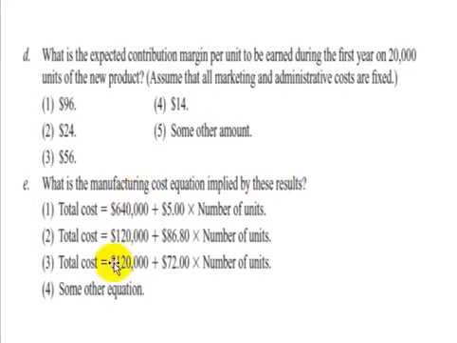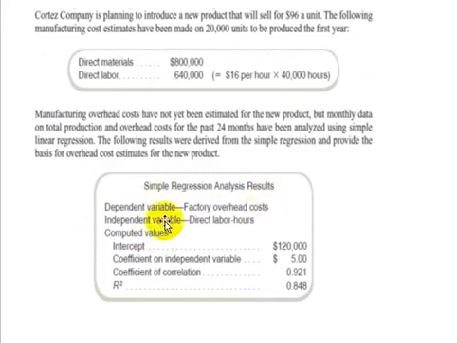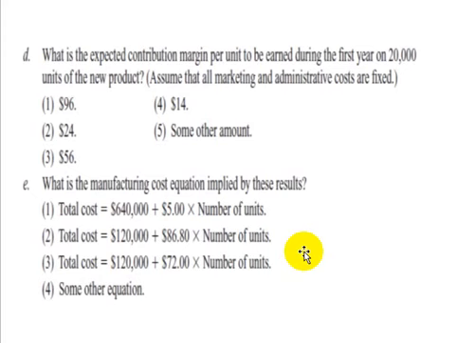So we can look for the total fixed cost. Total fixed cost represents the intercept, $120,000. So number 1 is wrong.